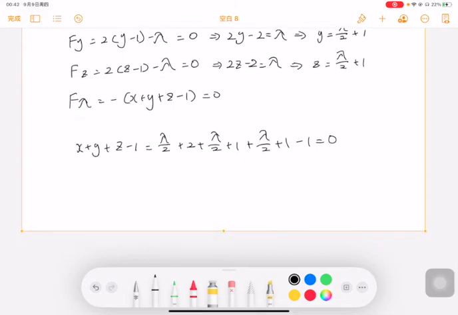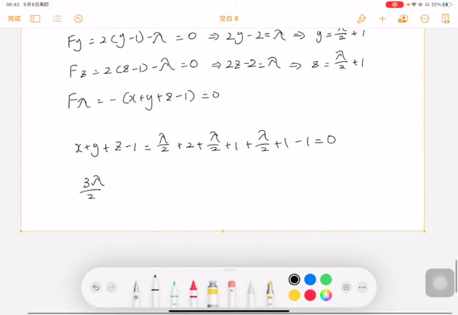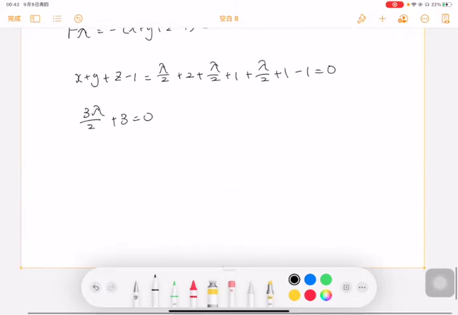So that's 3 lambda over 2 plus 2 plus 1 plus 1 minus 1, which is 3. So 3 lambda over 2 equals minus 3, and lambda equals minus 3 divided by 3 over 2, that's minus 2.